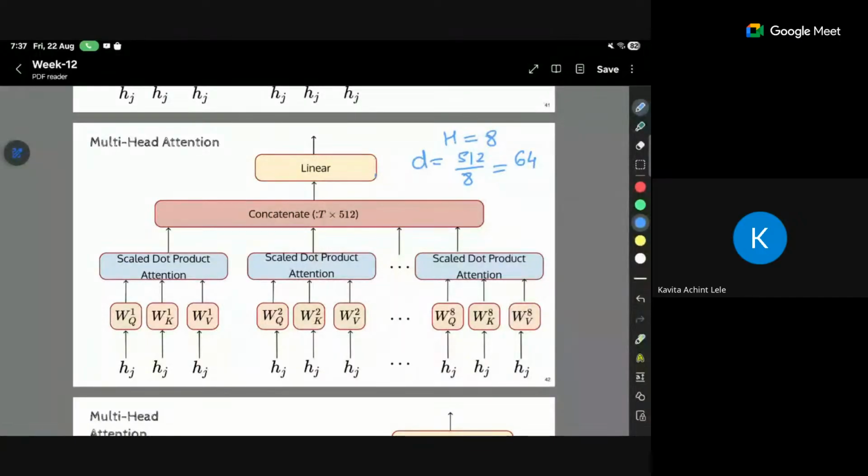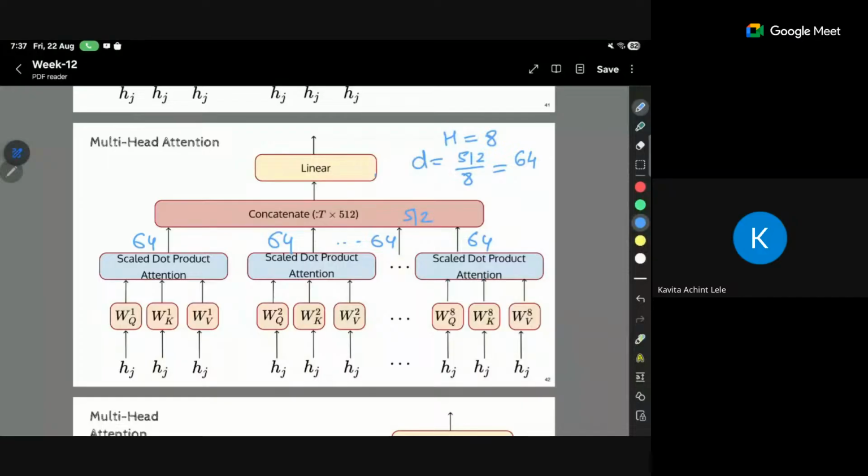Now what I will do is I'll make my WQKV in such a way that I'll get an output here of size 64. Here I'll also get 64, and similarly for all the 8 of them, I'll get a 64, and then finally I'll concatenate them, and it will give me a size of 512, right?